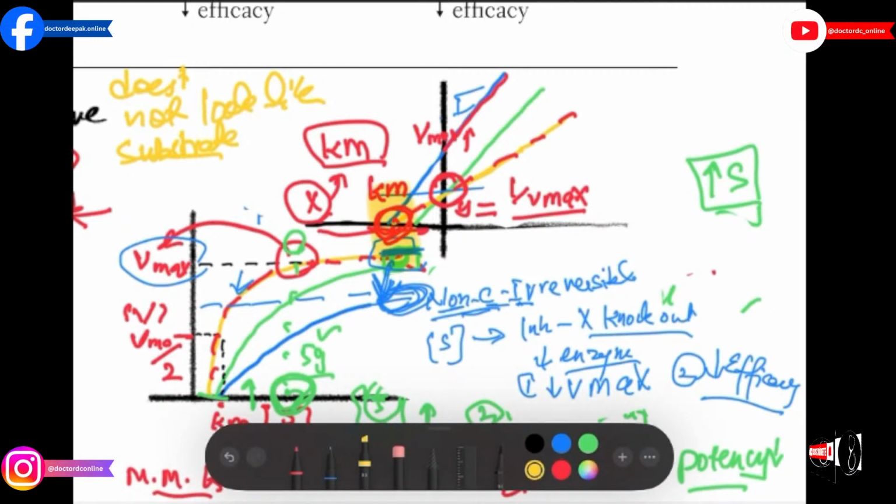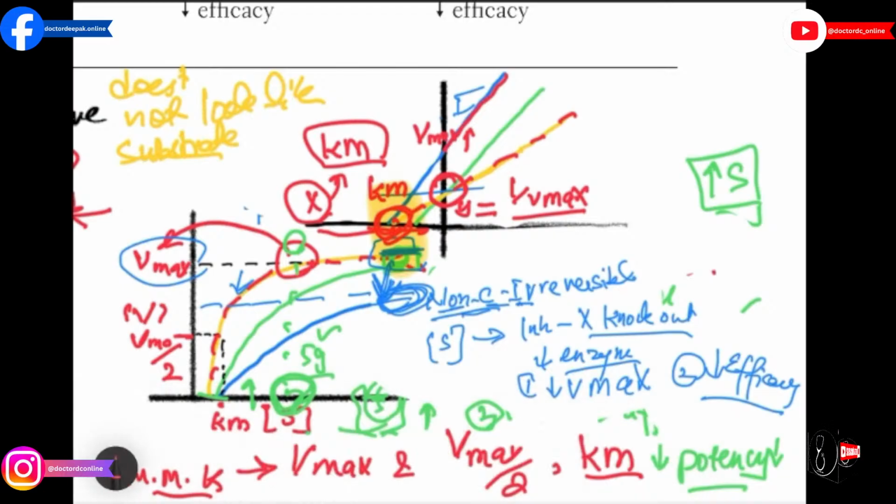I will highlight it, but the Km will be unchanged. If you focus on the green line, it is meeting at the same point with the yellow line. So the Vmax is the same. But if you focus here, the green line is just closer to 0, so Km is increasing.